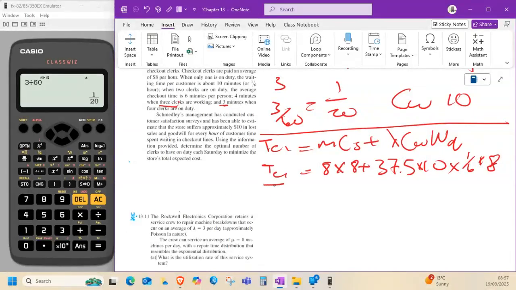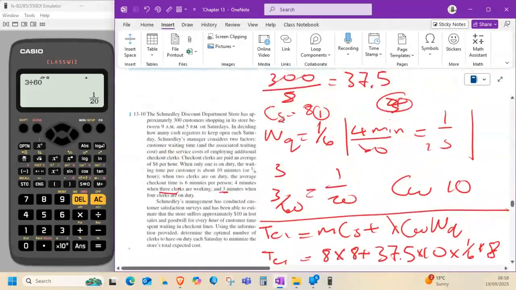Then you do this for total cost 2, when there are 2 clerks on duty, and that is 6 minutes.